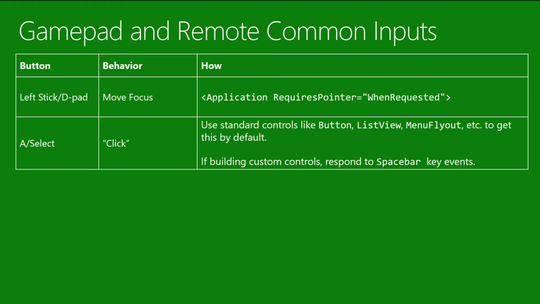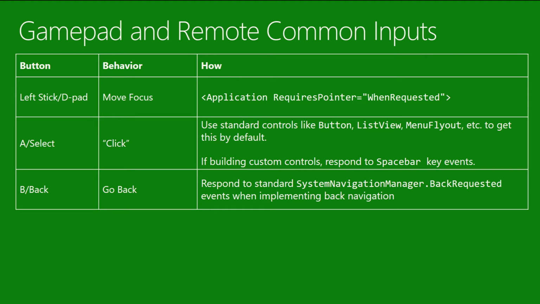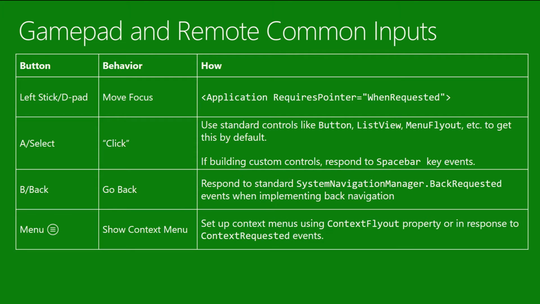If you're building a custom control, you need to make sure you respond to the spacebar event, because that's what it comes through as. B is back, which is, again, just moving back. And you respond to the SystemNavigationManager.BackRequested event. This is a standard event that's been there. It's in Windows Phone. It's already in the desktop. But this is something you need to do if you're building a custom control, or if you have a custom UI experience that you want.